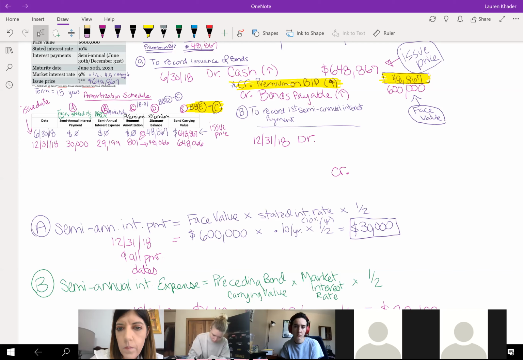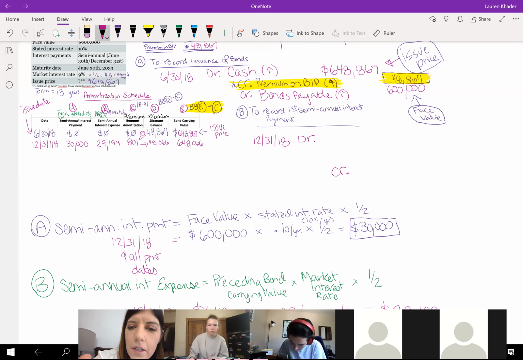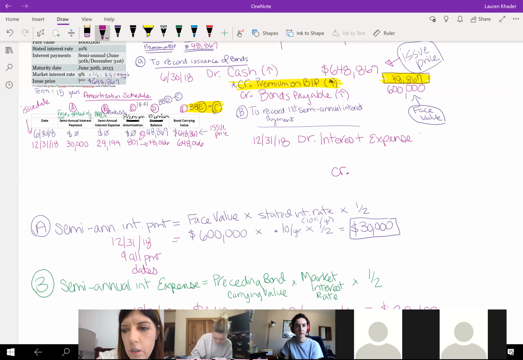Bonds payable. Am I paying the bonds off? The interest payment? Correct. So we're going to debit interest expense because we've incurred interest between June 30th and December 31st. So we're going to debit interest expense, increasing interest expense for $29,199, column B.